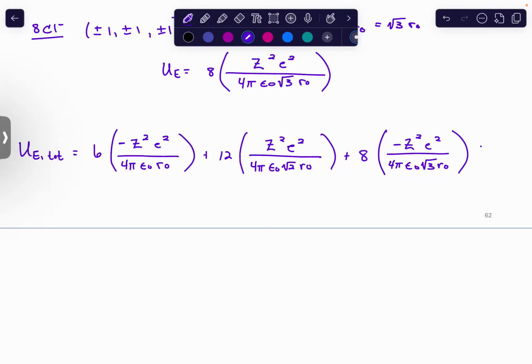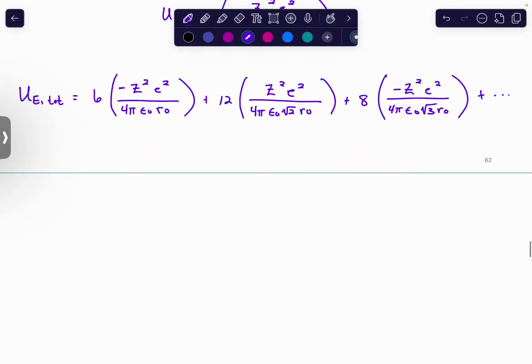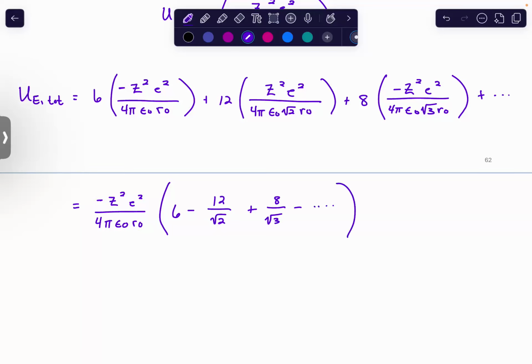Okay. So of course, this could go on and on and on. What I want to do now is pull out 4 pi epsilon 0 R0 negative z squared e squared, which inside the parentheses now is going to leave 6 minus 12 over square root of 2 plus 8 over square root of 3 minus so on and so forth.